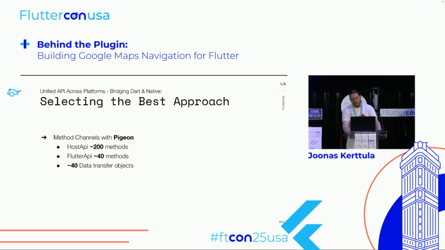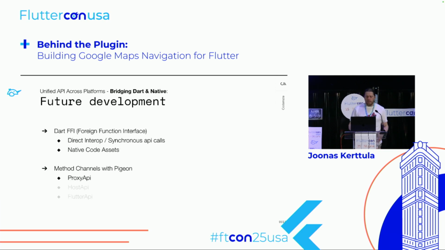For example, maps events or navigation events, which are happening in real time. And then we have 40 data transfer objects, meaning that in Pigeon you have to have data transfer objects where you convert the data in both codes, Dart and Android, Dart and iOS implementation.